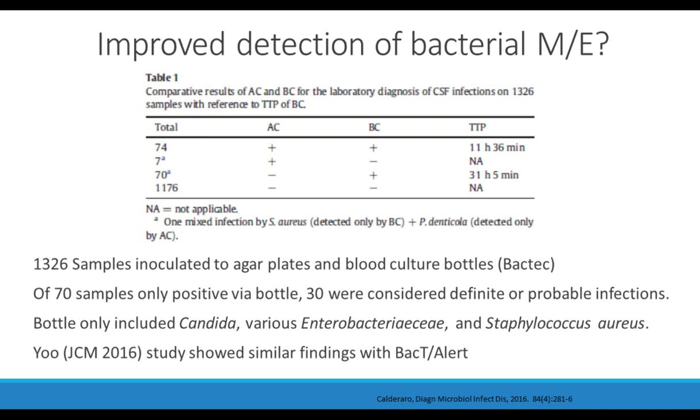That includes things that you would consider a true infection, things like Candida, Enterobacteriaceae, and Staph aureus, which are definitely known causes of meningitis. There was another study that looked at a different bottle manufacturer with similar findings.